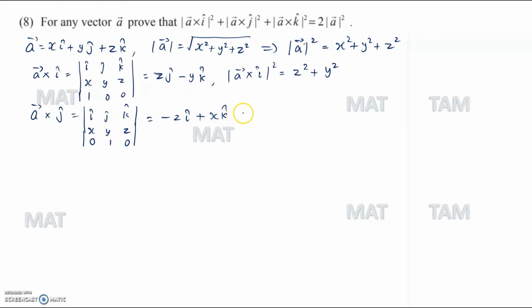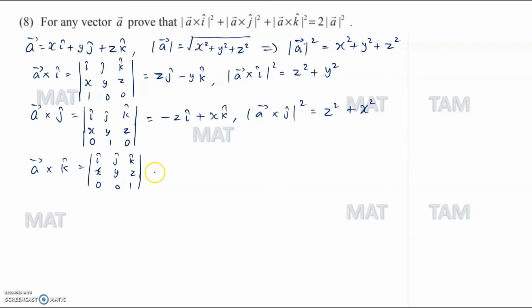Therefore, magnitude of A vector cross product with j cap squared will be equal to z squared plus x squared. Similarly, A vector cross product with k cap will be equal to the determinant I cap, j cap, k cap, x, y, z, 0, 0, 1.